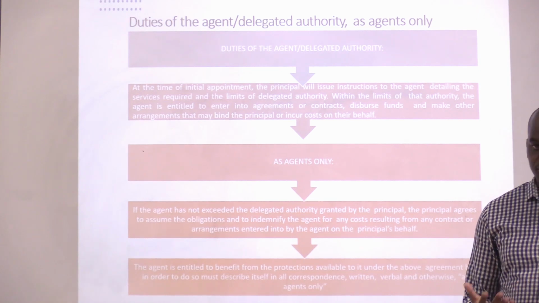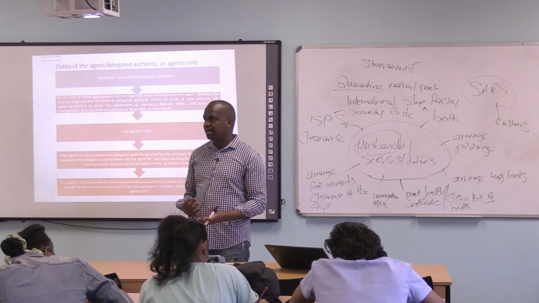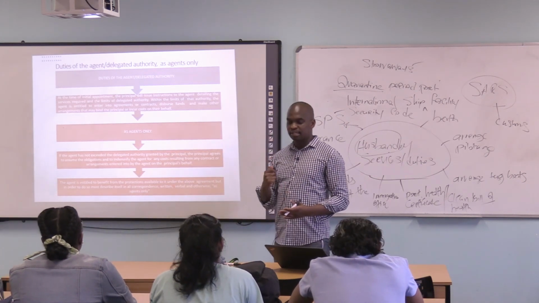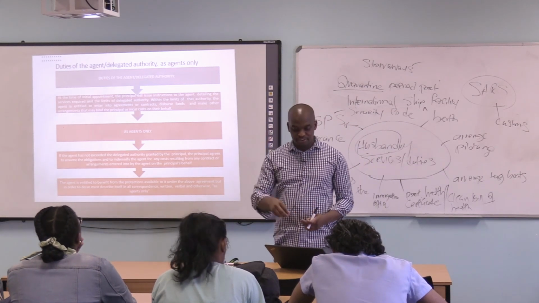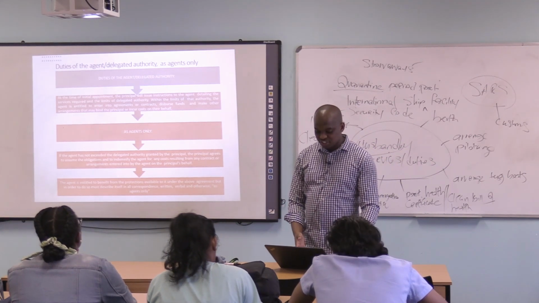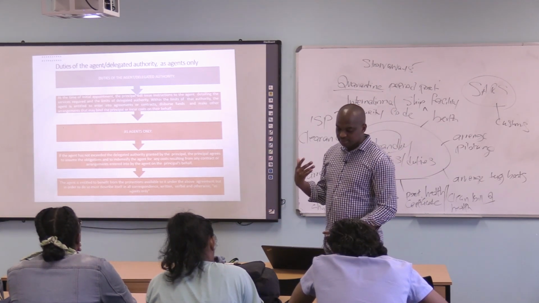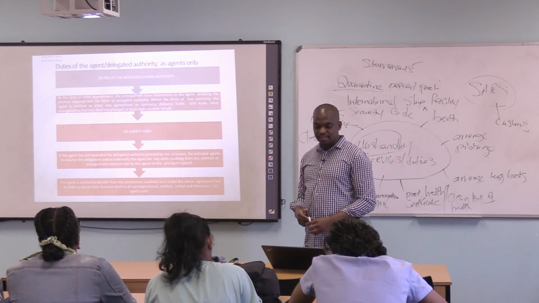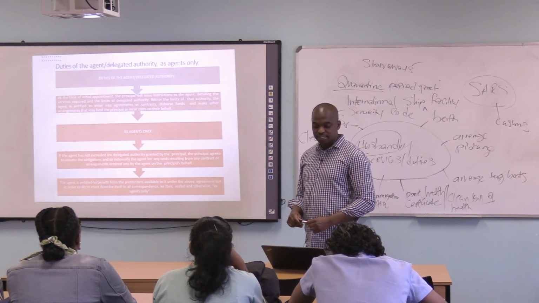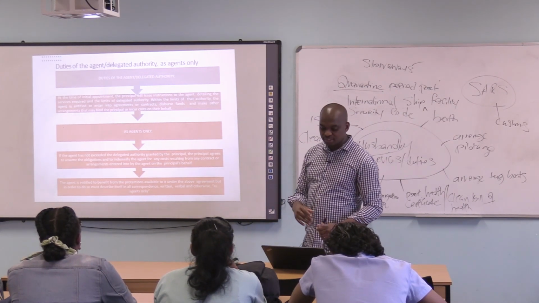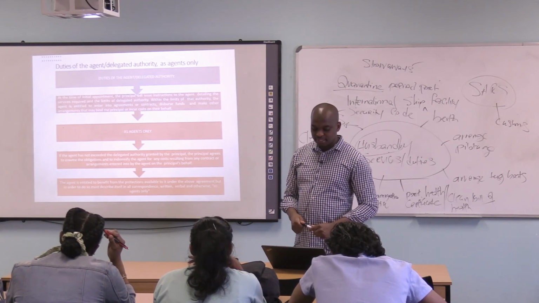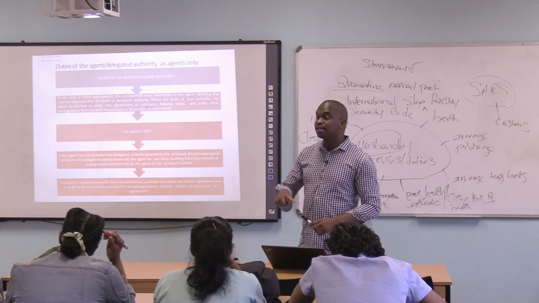Ship owners usually don't have that kind of time. Hence, they delegate ship agents to be their eyes and ears on the ground. At the time of initial appointment, the principal will issue instructions to the agent, detailing the services required and the limits of delegated authority. Within those limits, the agent is entitled to enter into agreements or contracts, disburse funds, and make other arrangements that may bind the principal or incur cost on their behalf.